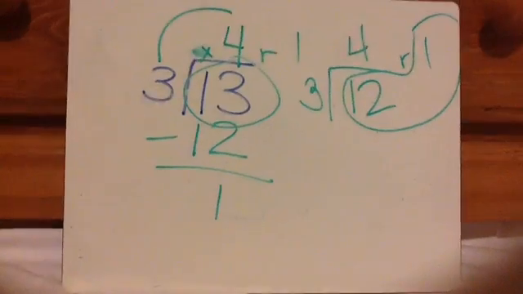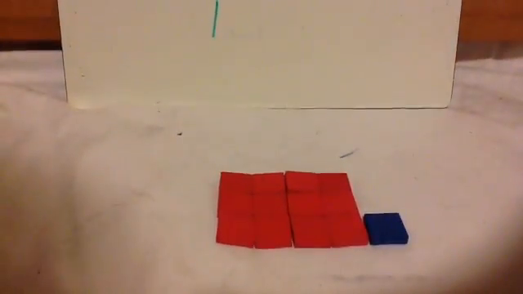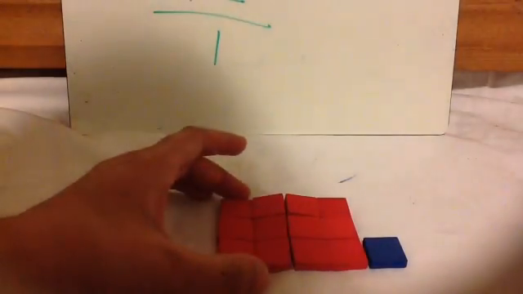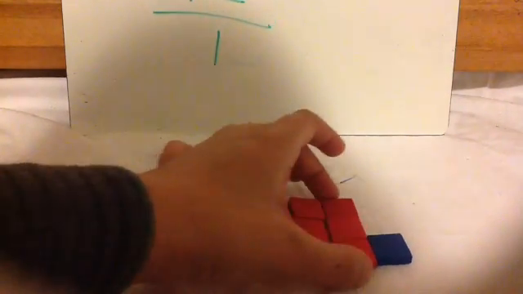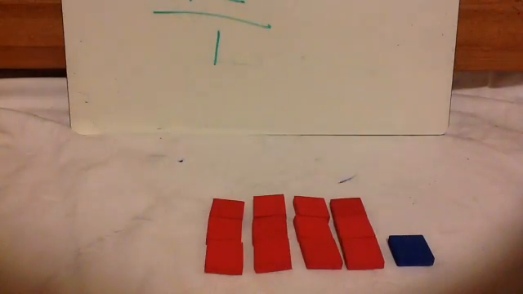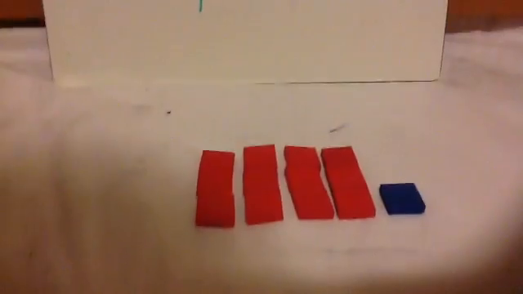So your representation of the division problem using an array would look like this. You would have your 4 rows or 4 columns as your answer, and then 1 remainder. So if the answer is 4 remainder 1, which is what we got from our division problem, you need to see 4 groups and 1 left over.